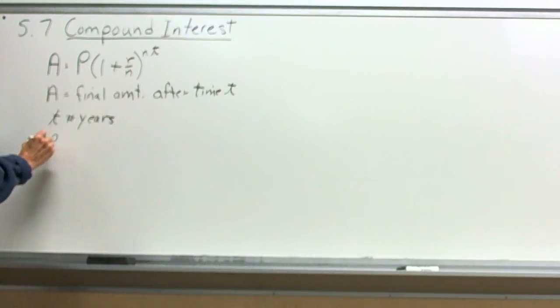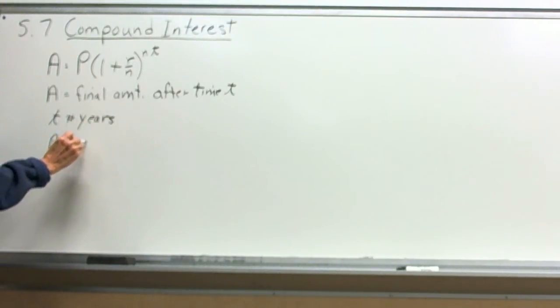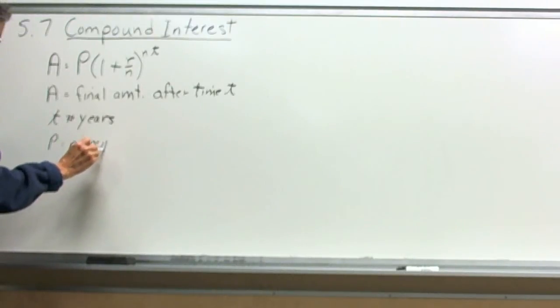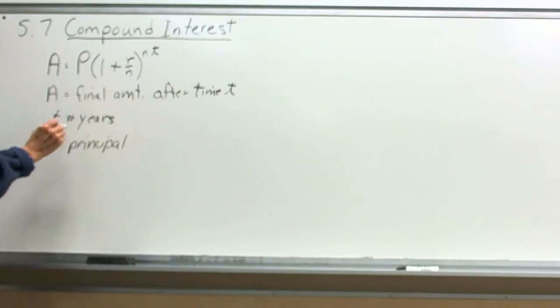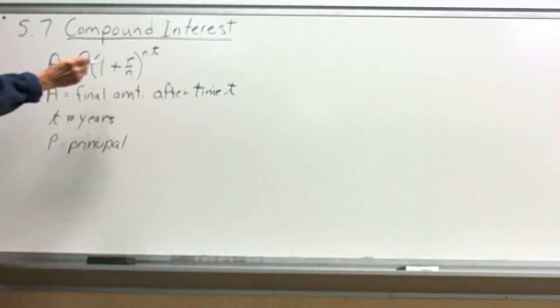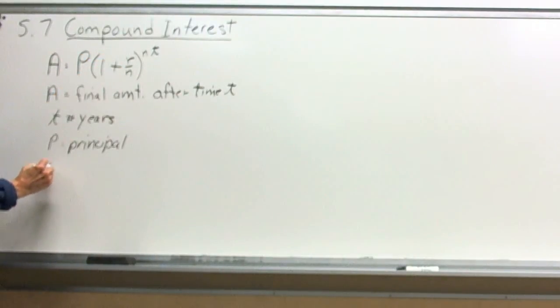P will be the principal or the initial investment. And N, you see twice in the formula, is the number of compounding periods per year.